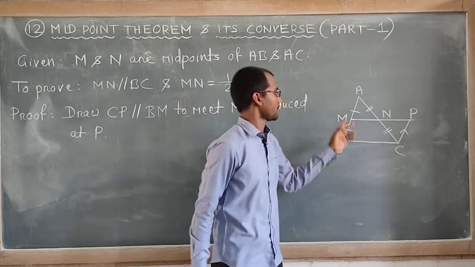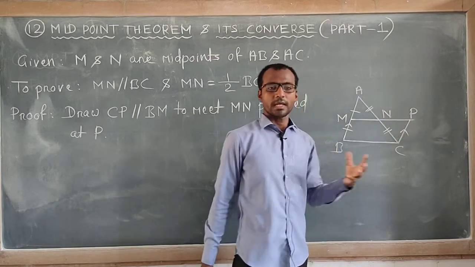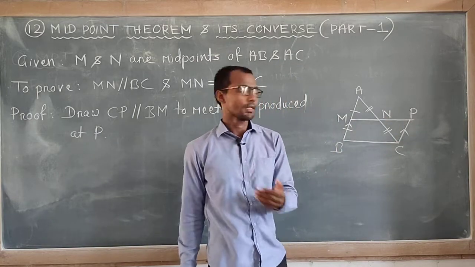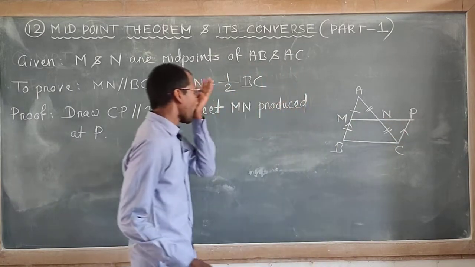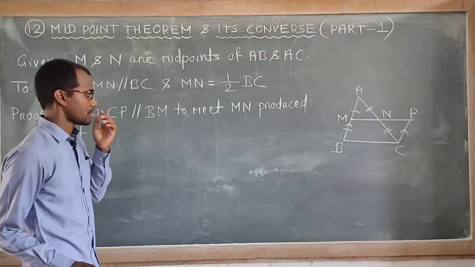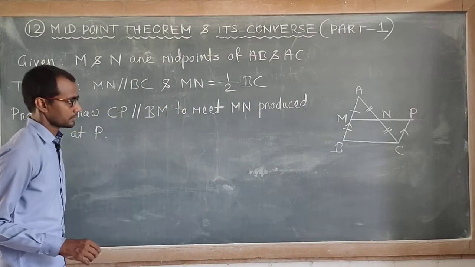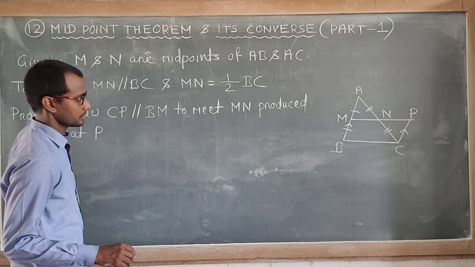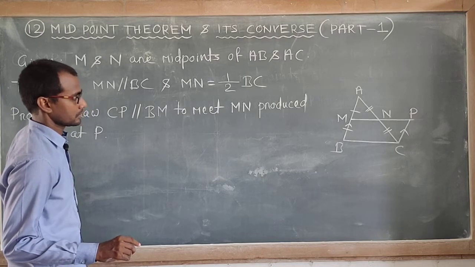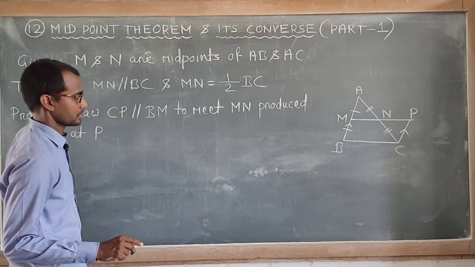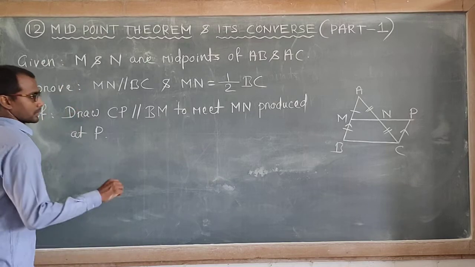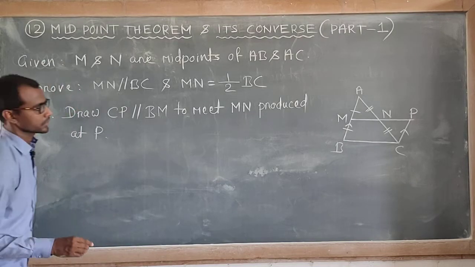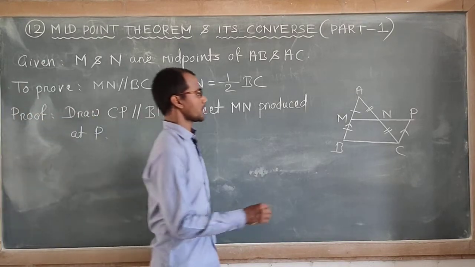CP is parallel to BM. MN has been produced and they are meeting each other at P. Next, we can easily prove congruency between these two triangles.